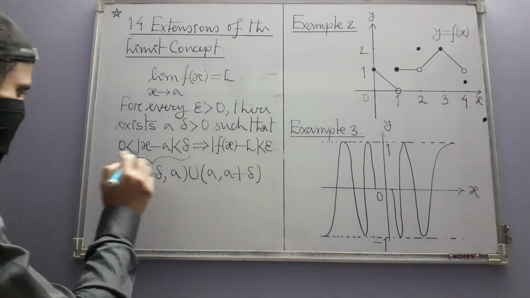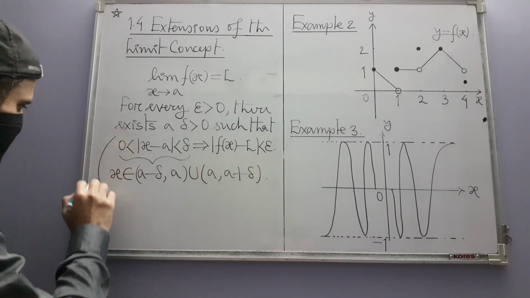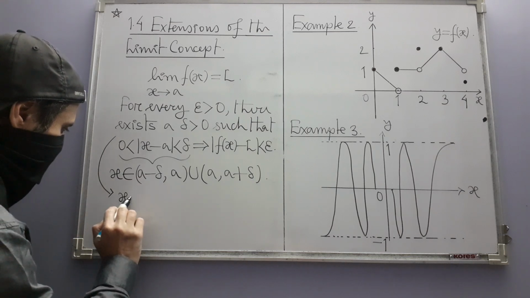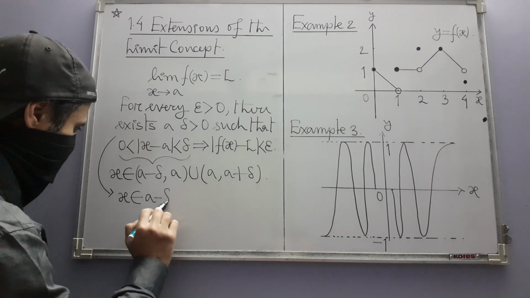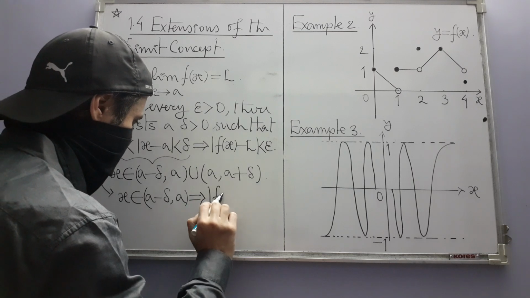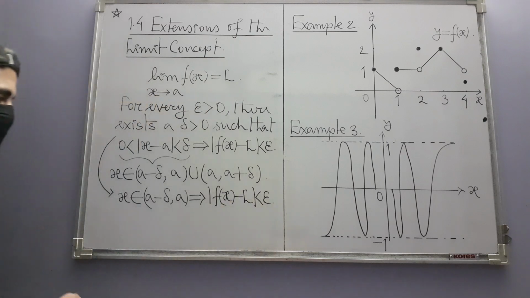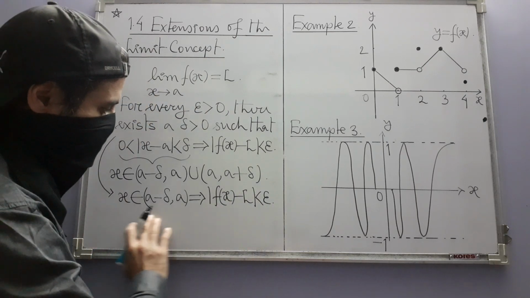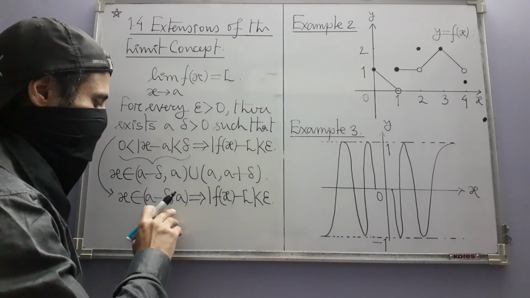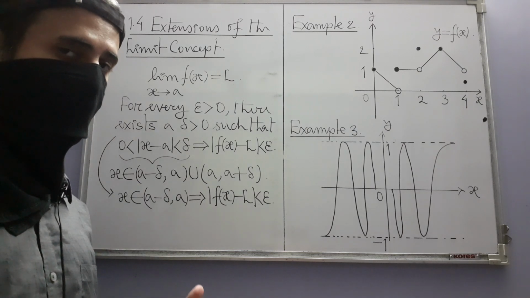Why? Suppose instead of writing this implication, say there exists a delta such that I write this. Now I am not exactly writing down the same implication, because now my requirement is a little less.